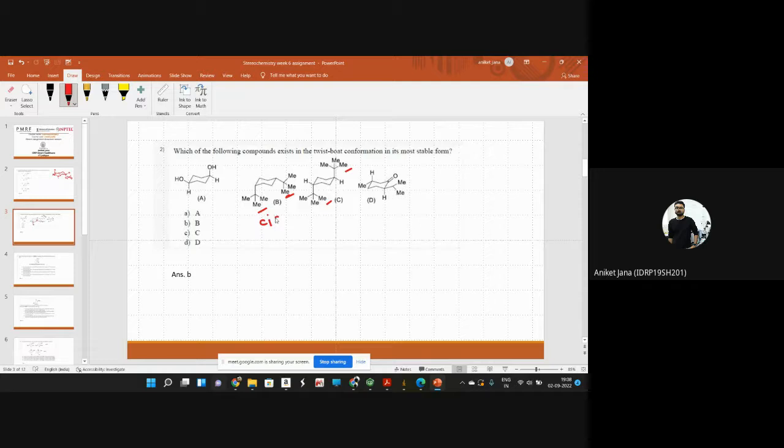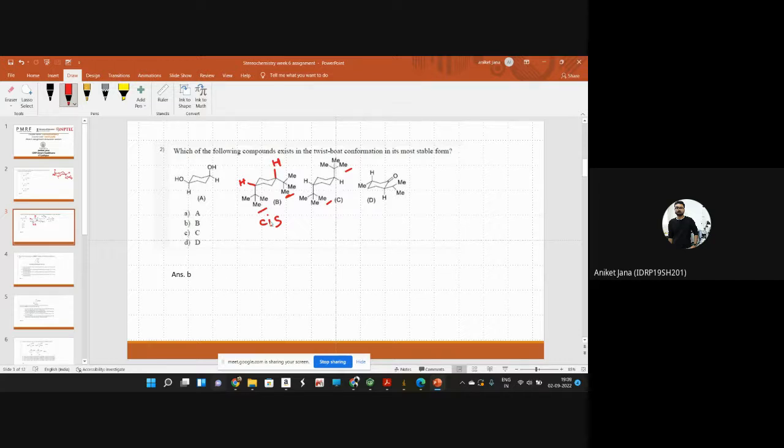Okay, so this is the cis isomer. As you can see, here is one hydrogen, and here hydrogen is there. So the two tertiary butyl groups are downward, toward the same side. So this is the cis conformation, and this is the trans conformation, right? The two tertiary butyl groups are in the opposite direction.